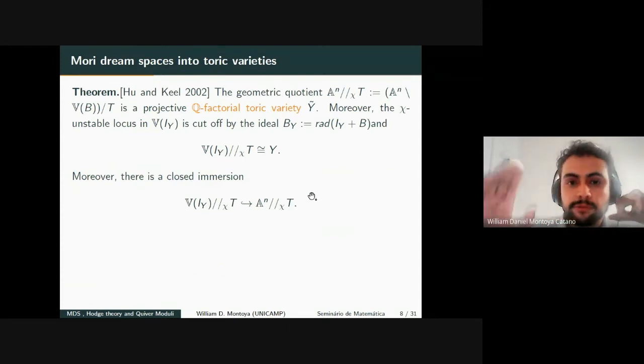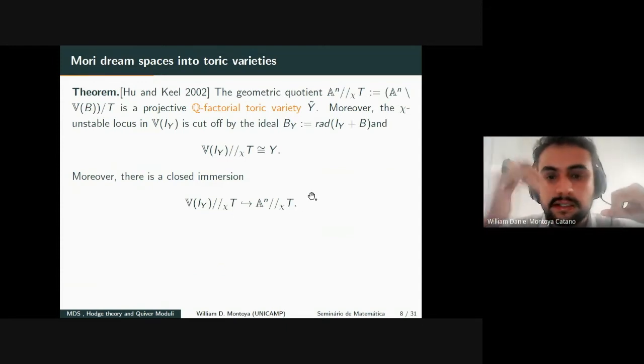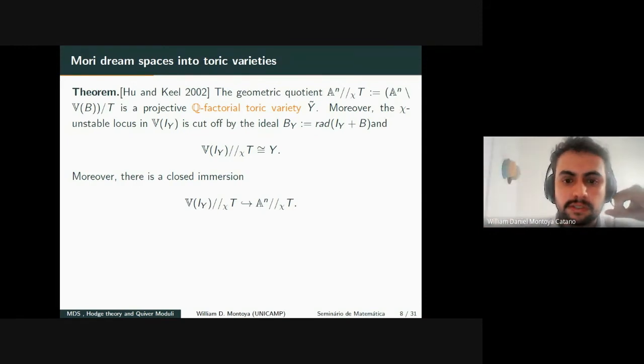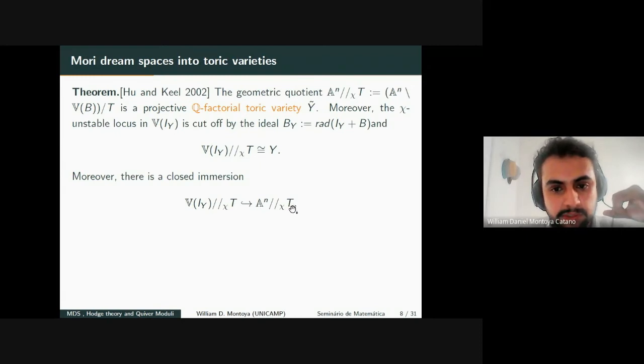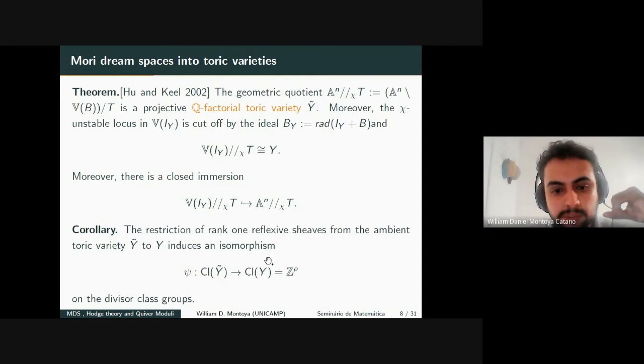Okay, so far what I have shown you is how, given a Mori dream space, to embed it in a toric variety. This embedding is somehow different from being projective, let's say, because as you can see here, you are respecting the action of the torus, and moreover, you are respecting the dimension of the class group, as it says here as a corollary.